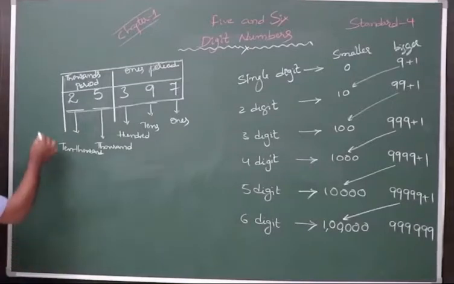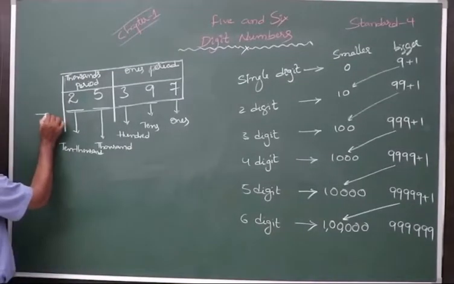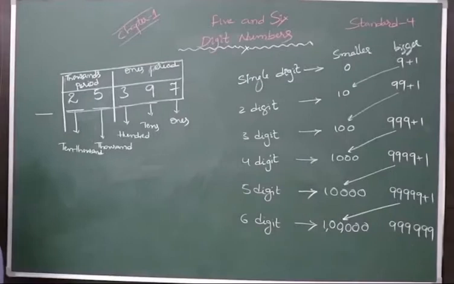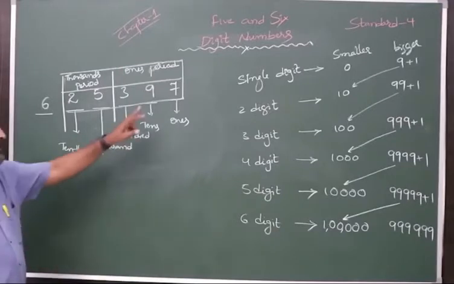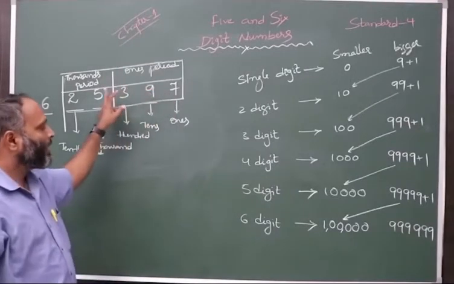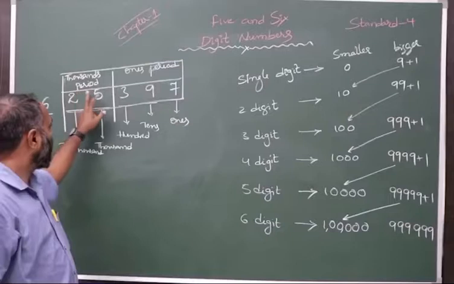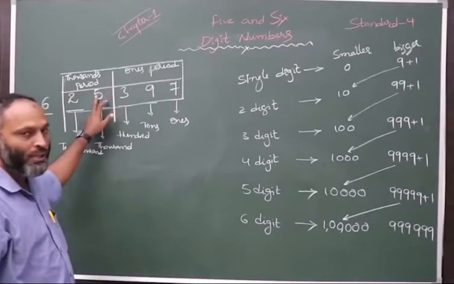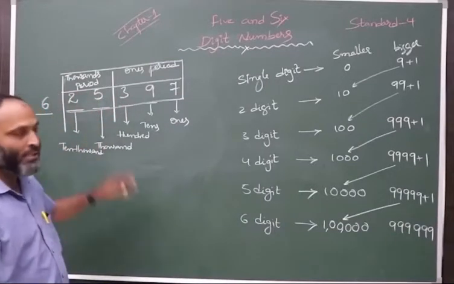After the thousands period, if we consider one more digit, suppose the number has 6 digits. First digit, second digit, third digit, fourth digit, fifth digit, and this is the 6th digit.